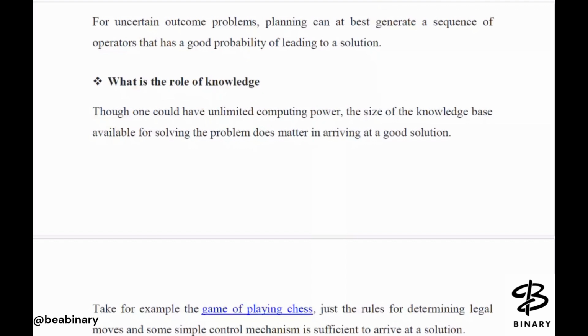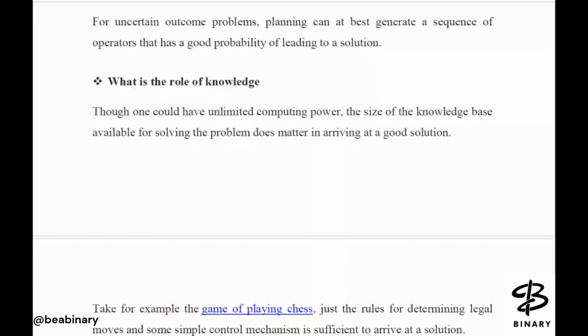When we are defining a problem characteristic, we are defining knowledge also. How much knowledge is present in a machine to solve that problem? How much data is present, how many historical algorithms have been fed, right? So we are talking about the size of the knowledge base available for solving the problem.